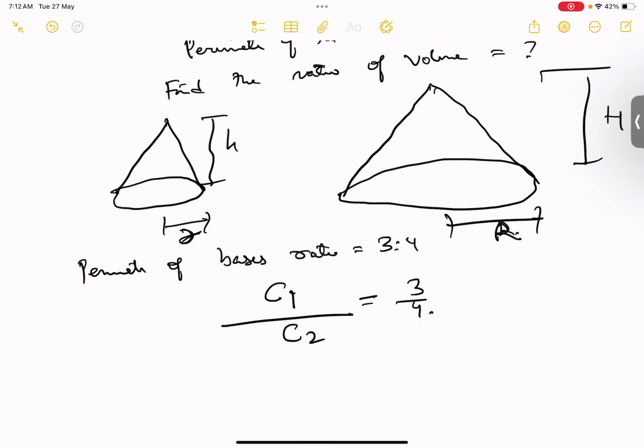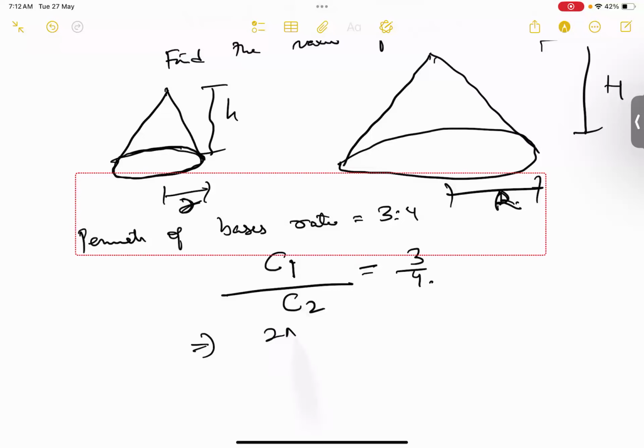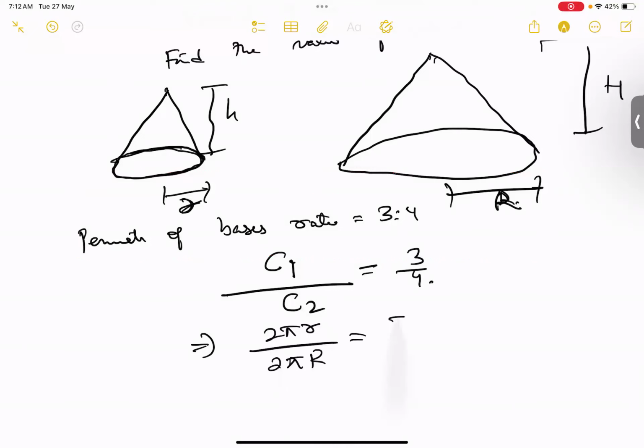We know that the circumference of a circle is 2 pi r, so 2 pi r by 2 pi R is equal to 3/4. Pi is cancelled, so the ratio of the radius is 3/4.